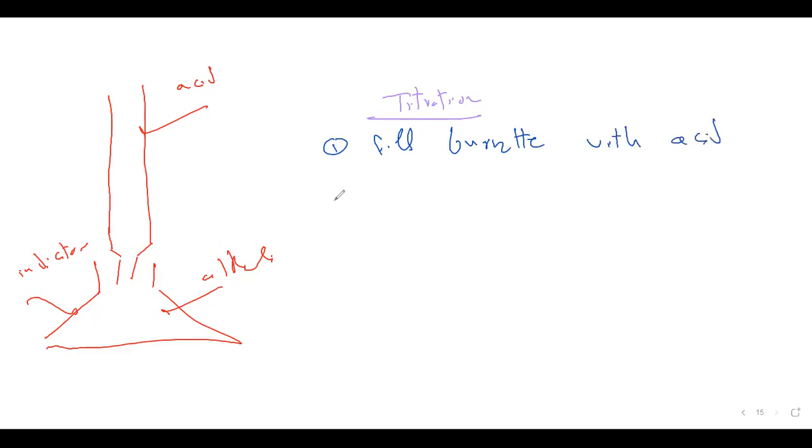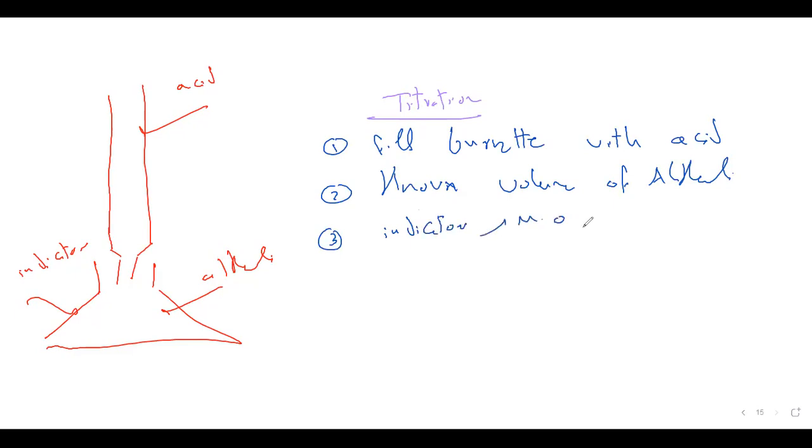Number two, known volume of alkali, and then suitable indicator. If we are using methyl orange, the color will change from yellow to orange.